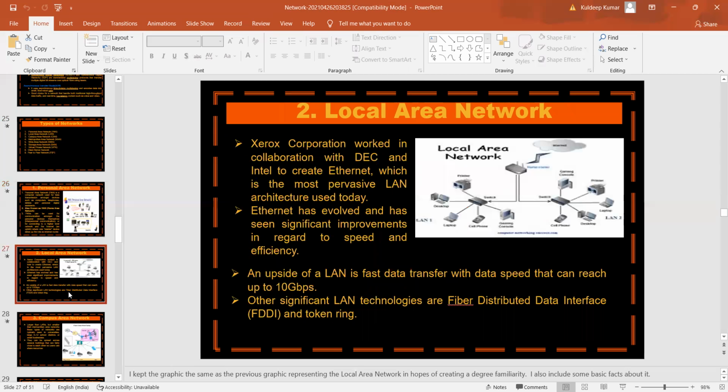The second type of network is local area network, which is also known as LAN. As its name suggests, its range is not like personal area network. Its range is within a campus or within a building.